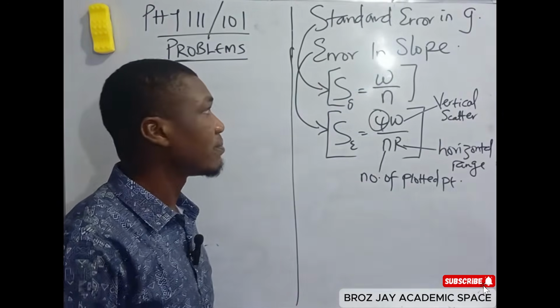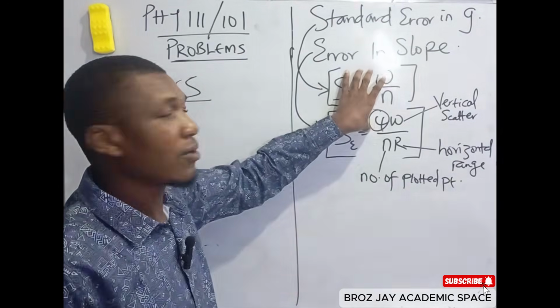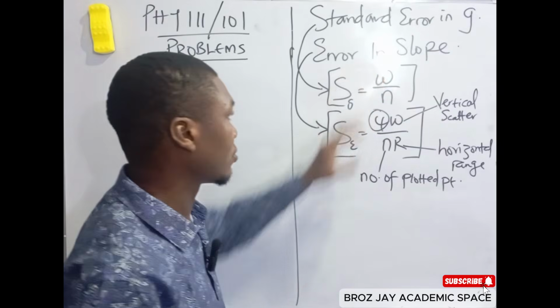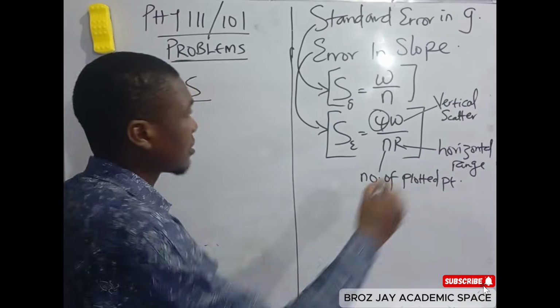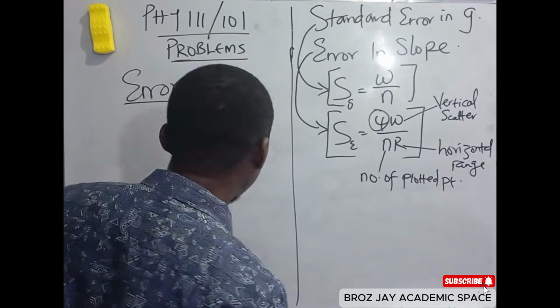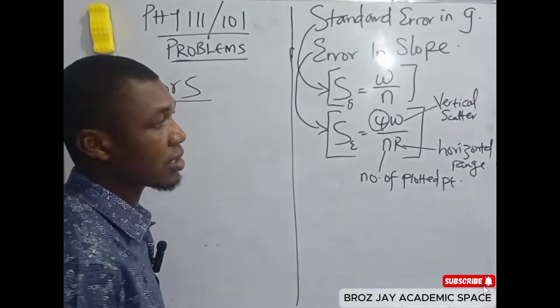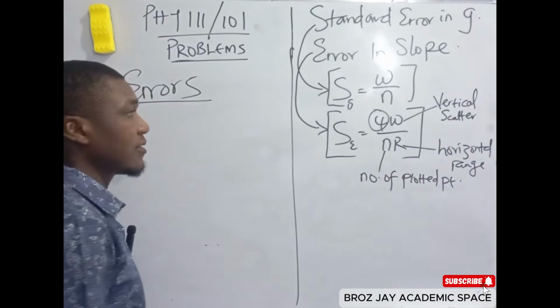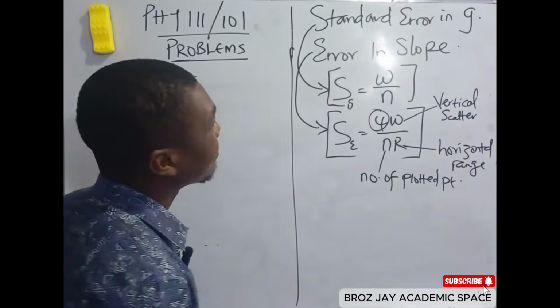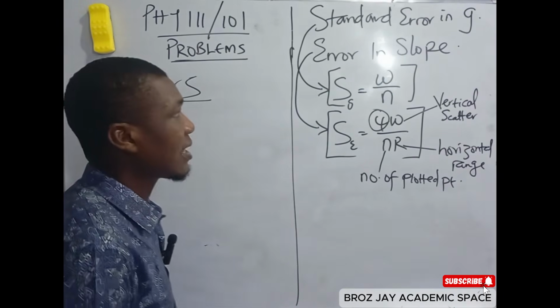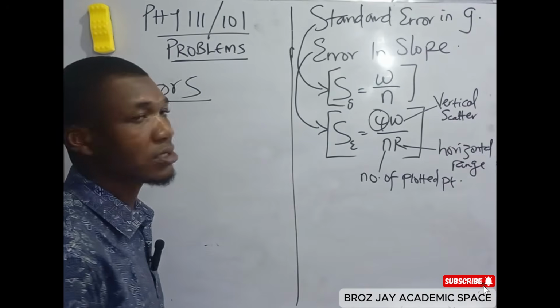Now, I'm going to explain this to the best of my understanding, so that you will understand too. If you are given a graph to solve and you are done with plotting and solving the graph, and they say find the error in G or find the standard error, depending on what they ask.